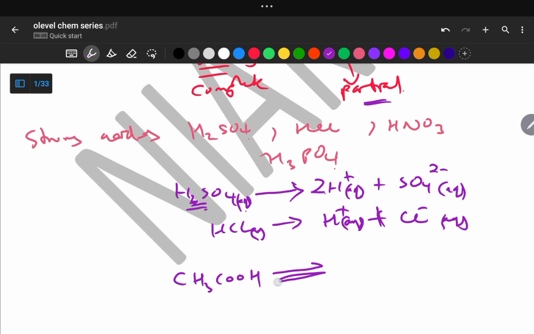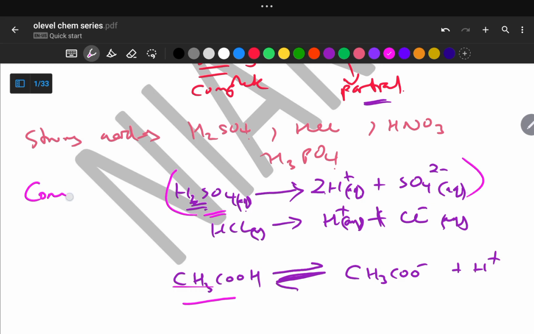A reversible reaction is defined as a reaction which proceeds in either direction, right? So this one is the ethanoate ion plus the proton, right? So this one doesn't dissociate completely, right? And then this one, it does ionize completely or dissociate completely. So this reaction will reach completion, right?